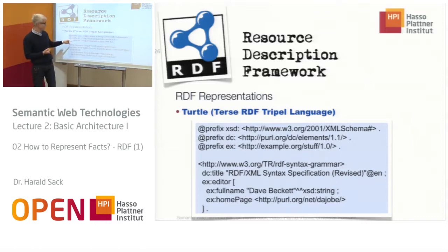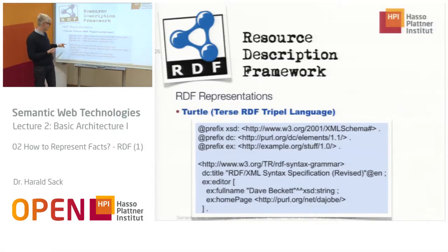And here it's the prefix EX, it's an example namespace. And then you refer to these prefixes in these URIs you see here, and there simply DC is substituted by the full URI, and you don't have to write the full URI here, and then of course it becomes much more readable.